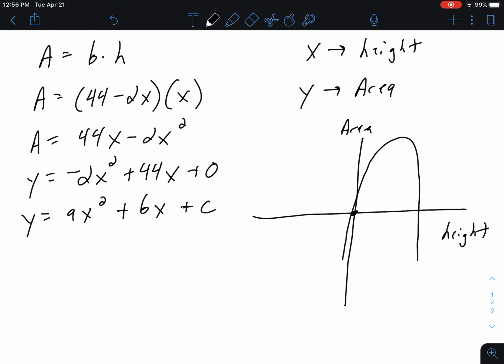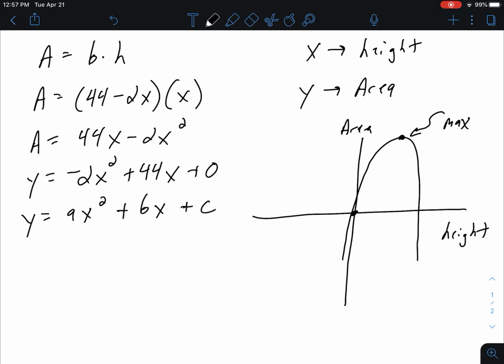So if I want the biggest area on that curve, it's going to be this point, right? Which would be my max. In this case, that is your vertex. So really what we want to get out of this equation is the vertex.